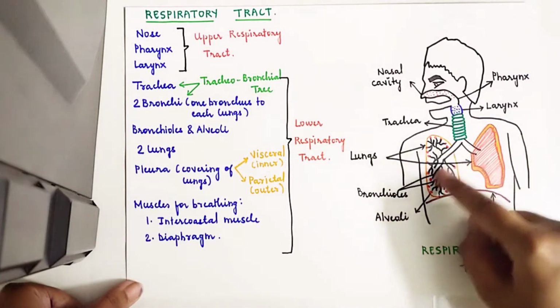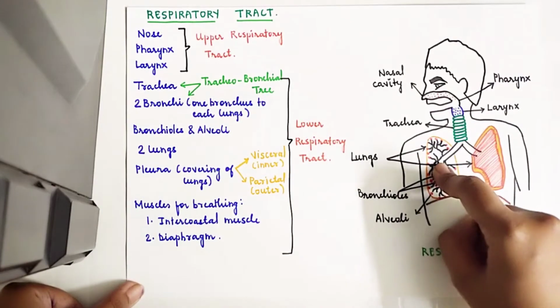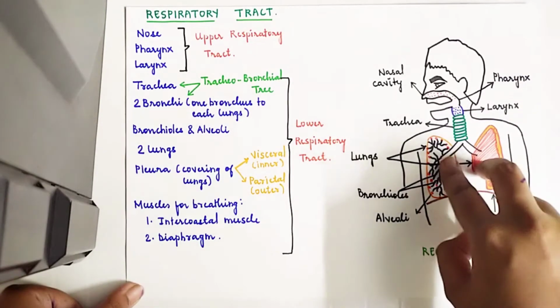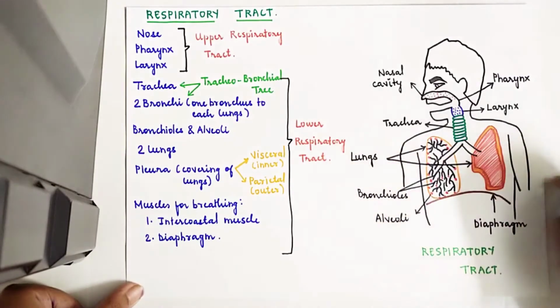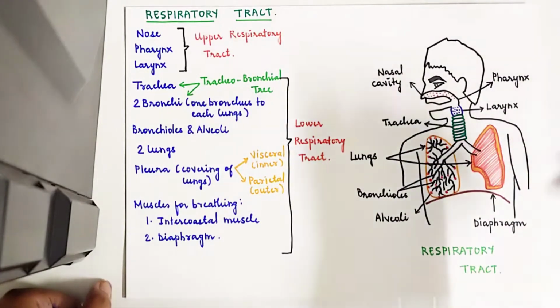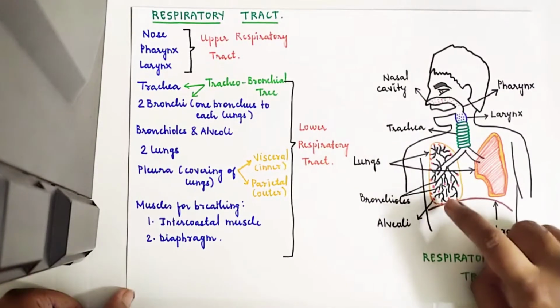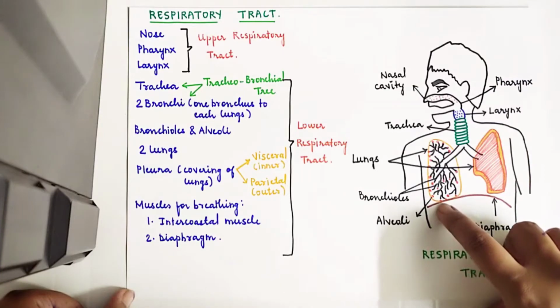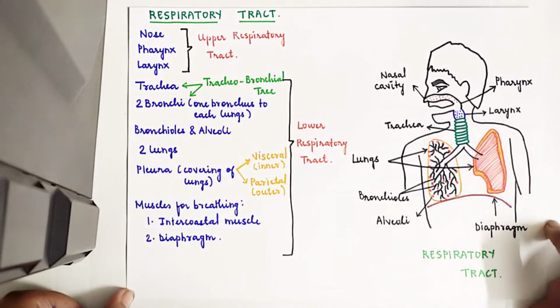Then this trachea divides into two bronchi. Singular, it is known as bronchus, and together they are known as bronchi. Then each bronchus divides into bronchioles. Then these bronchioles further divide into alveoli.